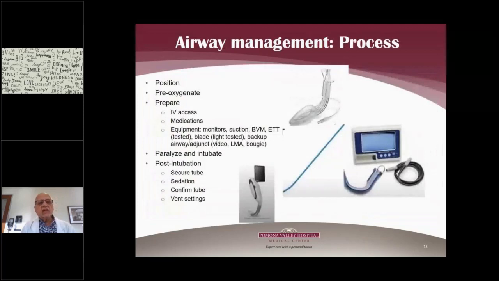These are some of the adjunct devices to use for intubation. The best one, I would say, that the physician or clinician, whoever is intubating, should use, with the best results, is a video laryngoscope. There are two types which Pomona Valley carries: one is the AMBU and the other is the GlideScope.